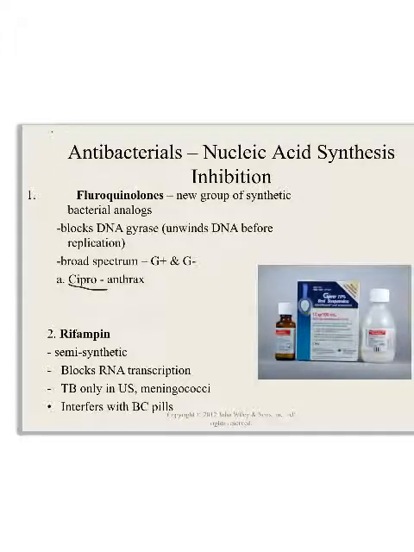Cipro is very broad spectrum, so it becomes the drug of choice. People want to use it because it's very broad. You don't have to know what the organism is that's causing the problem. But they've now found that it has more side effects than they initially thought.